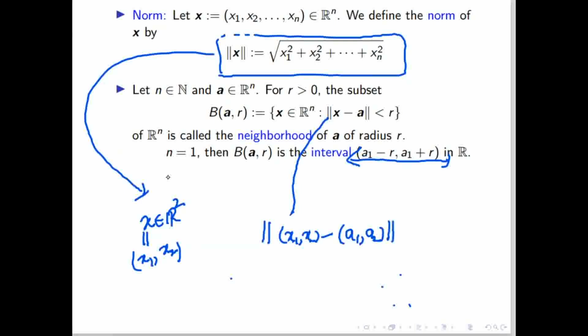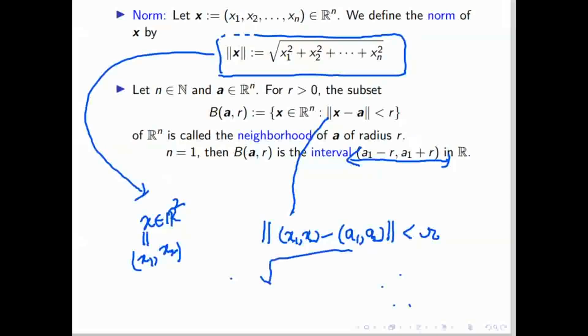That means the distance between the two is less than r. So if you solve, what will you get? Distance between this and this is less than r. So what is the norm of this? That means what is the distance?